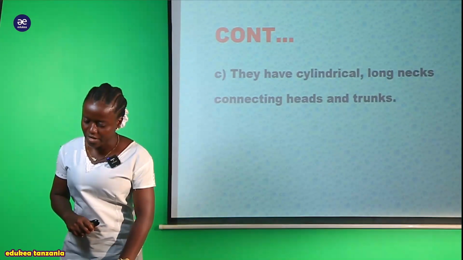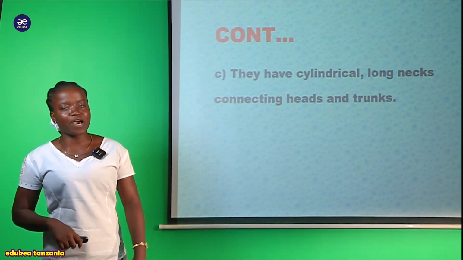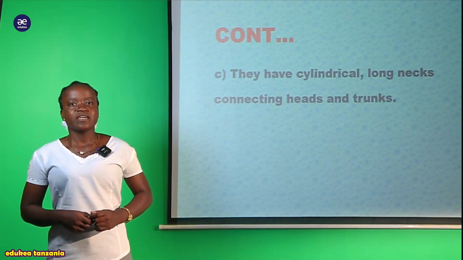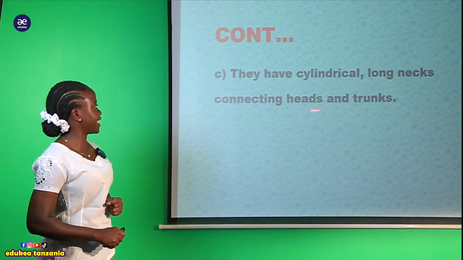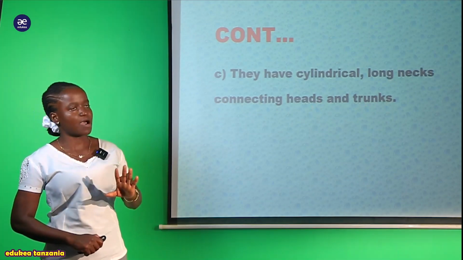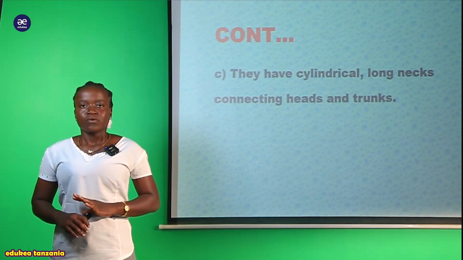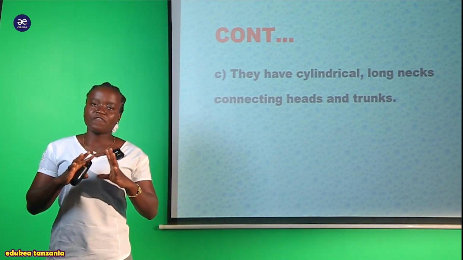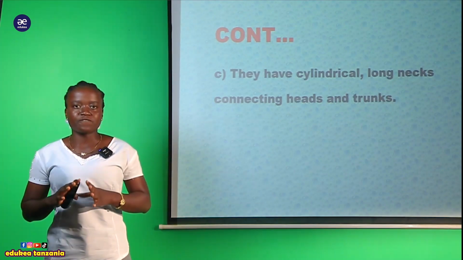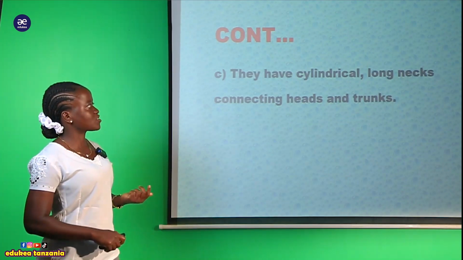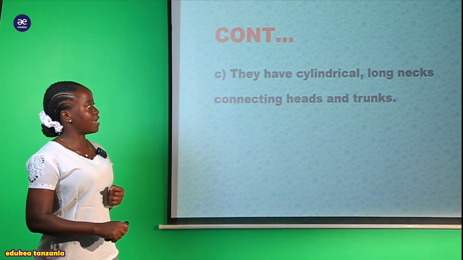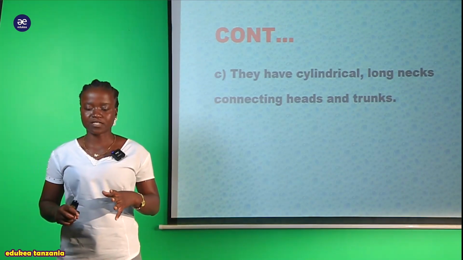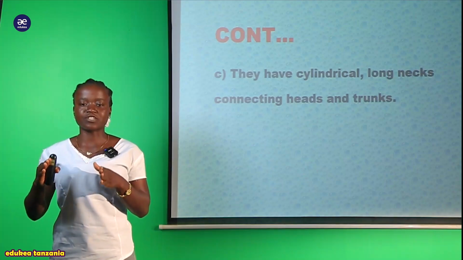And another distinctive feature found within the class Aves, my students, is that they have a cylindrical long neck connecting the head and the trunk. When you observe all of the birds found within the world, tunasema kwamba these organisms have a cylindrical and also long neck, meaning that their neck is cylindrical.